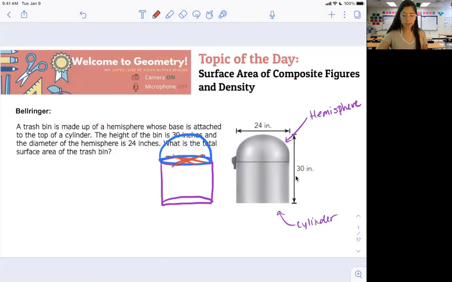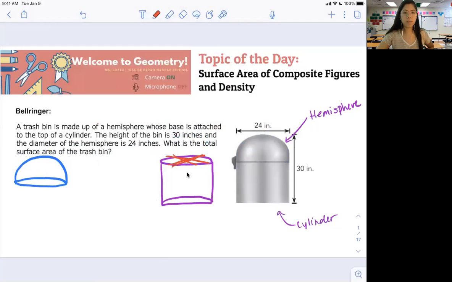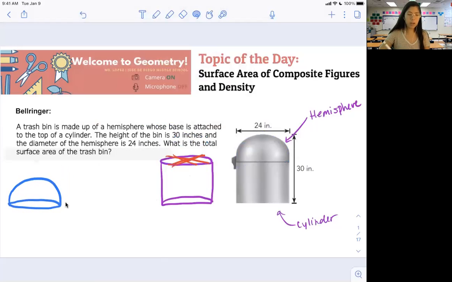Cool. Okay, so we have my hemisphere and we have my cylinder. Now, what is the formula? We wrote this down yesterday. What's the formula for the surface area of a full sphere?